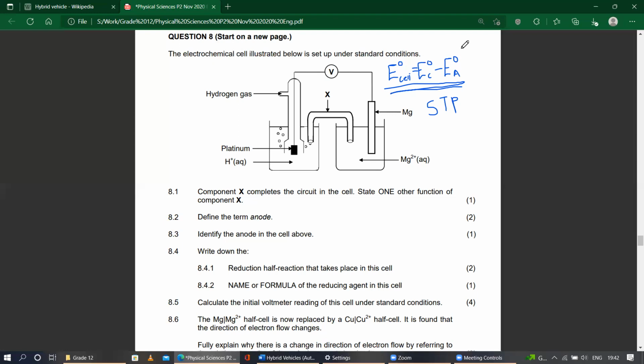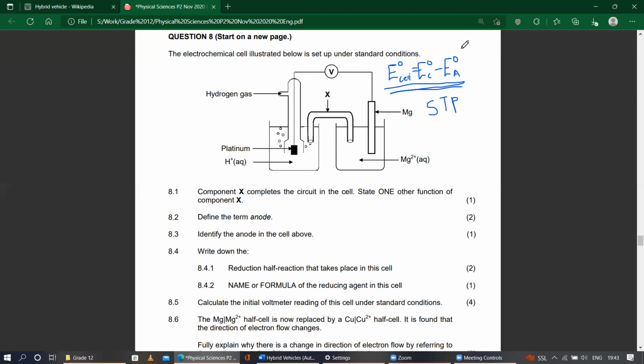So if they say it's under standard conditions, that means it's at STP, which is 1 atmosphere, 22.4 liters per mole. That's gonna be a molar volume. And your temperature is 273 Kelvin.